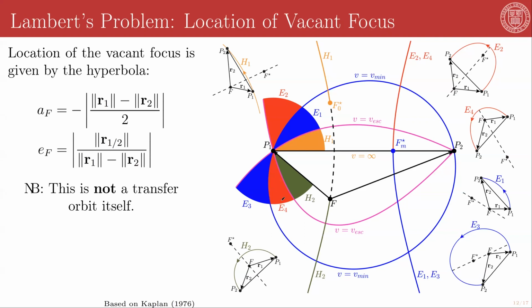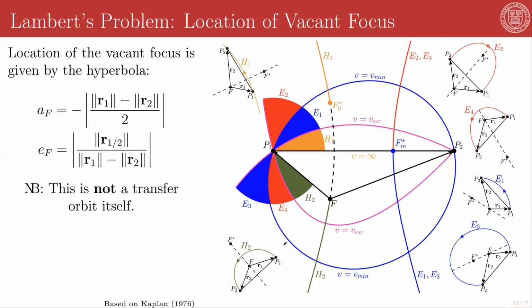In addition to the infinite number of elliptical transfers, we have 2 unique parabolic transfers, one passing below the filled focus and one passing on the opposite side. The velocity of the orbits for these transfers will be the escape velocity of the central body. This upper parabola bounds the E1 departure region, and on the other side, the E3 departure region.